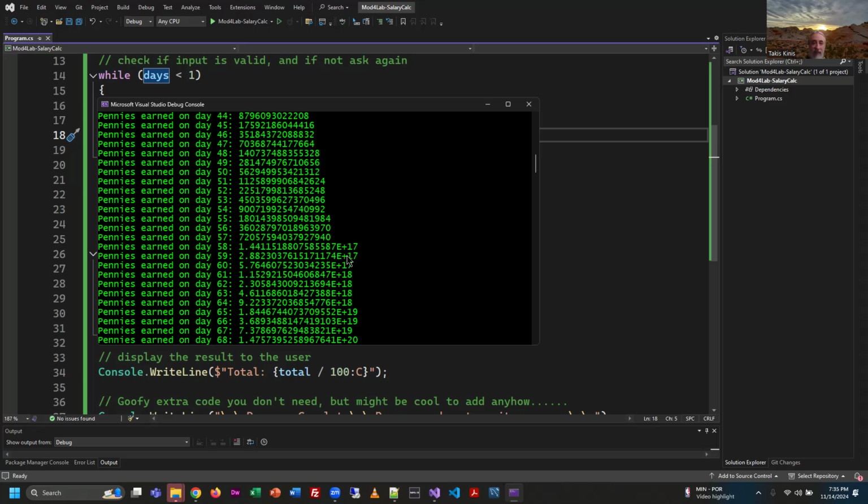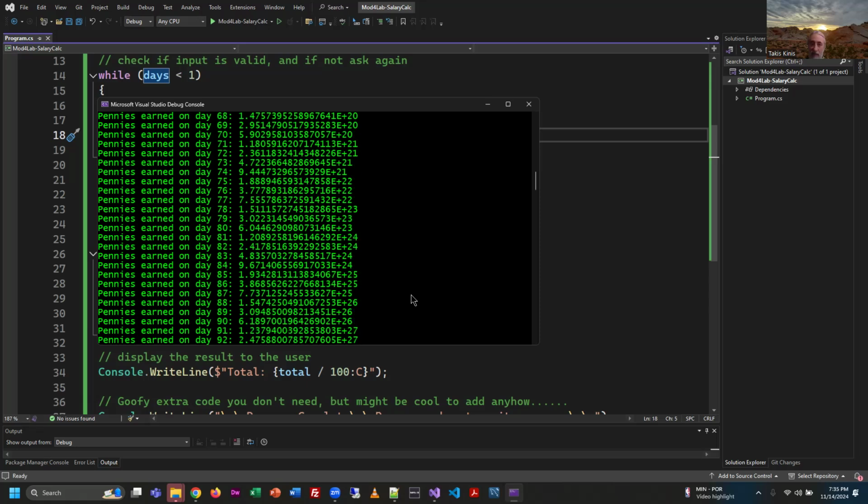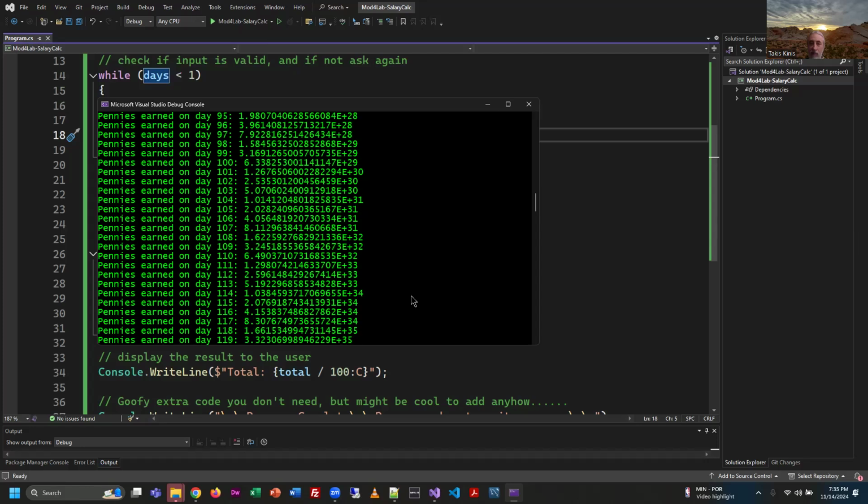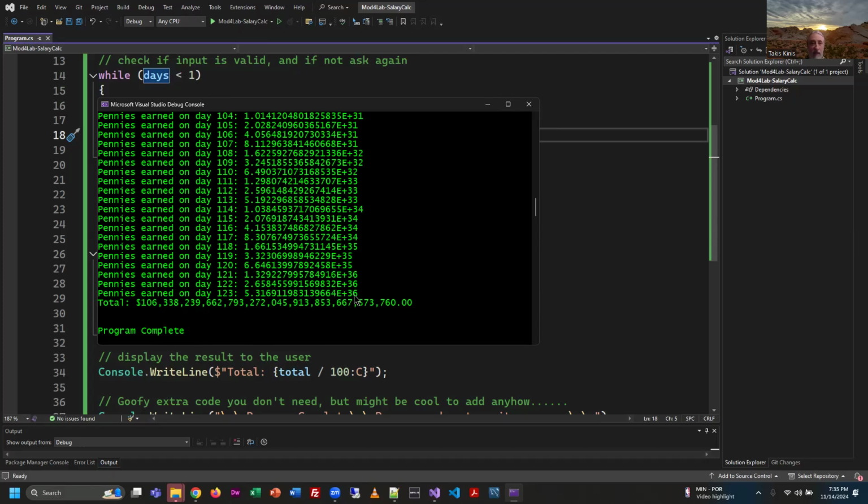So this is the same as saying 1 point whatever this is times 10 to the 17th power, meaning 17 decimal places. That's what this expression means. But notice C# is not joking on it. It runs with it. It just keeps adding to it. So it works. Okay, so that's our lab.